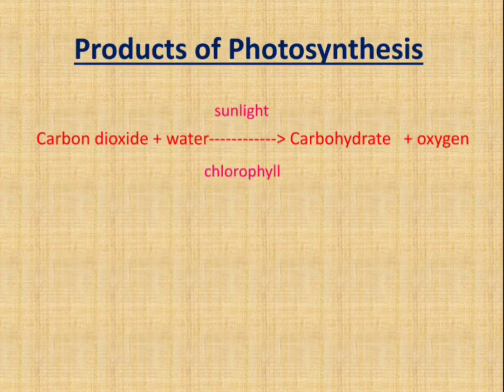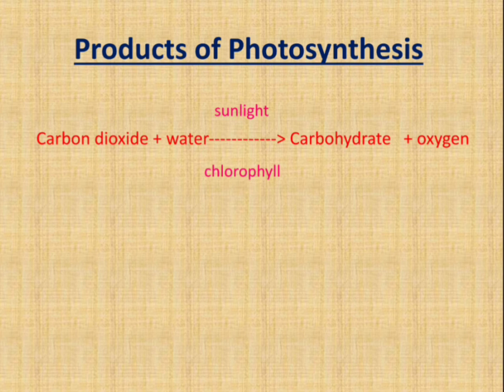What are the products of photosynthesis? The products of photosynthesis are carbohydrates and oxygen. This can be represented in the form of an equation. Students, look at the screen.